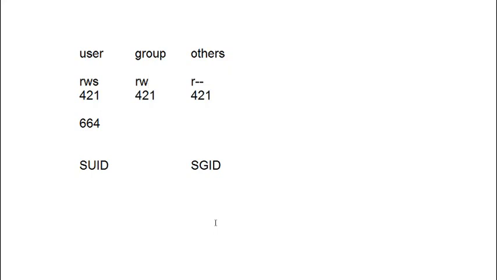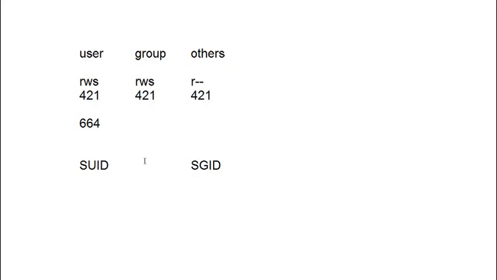If it's an uppercase s, there is no underlying executable permission. But again, you will normally see this with a lowercase s with an underlying executable permission. Now, these are settings which you're not going to set yourself.